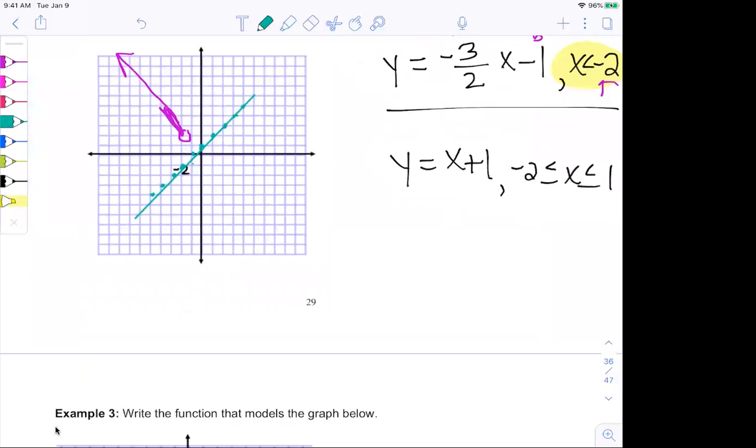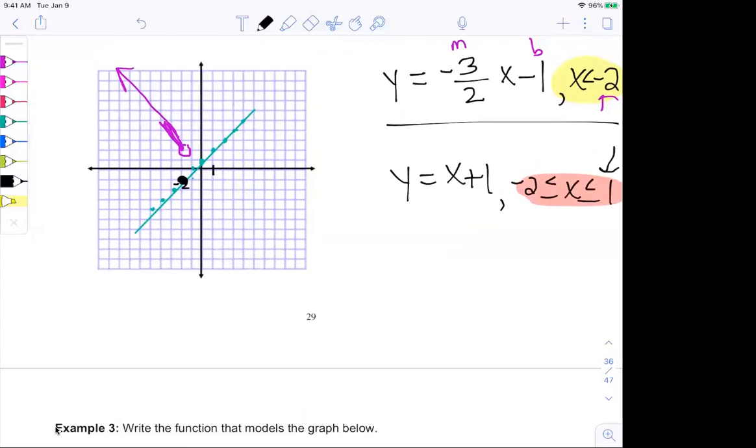So doing the same exact thing, I'm now going to look at my domain, which is right over here. I'm going to go into my graph that I just drew, and I'm going to go to negative 2. At negative 2, it says less than or equal to. So I'm going to put a point at negative 2 on my line. And then I'm going to go to where x is 1. Well, right here, x is 1.